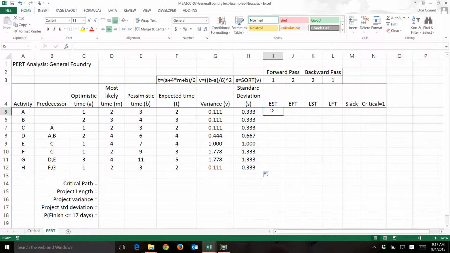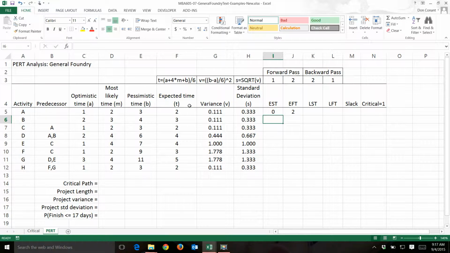Now we'll go ahead and do our forward pass and backward pass just as with any of the other models. The earliest start time for an activity with no predecessor is 0. The earliest finish time is going to be the start time plus the expected time. That's why we calculate the expected time.